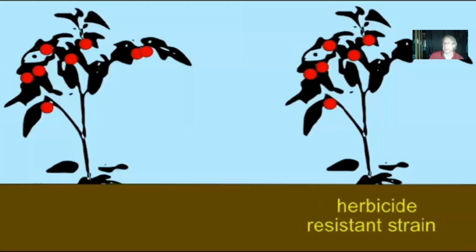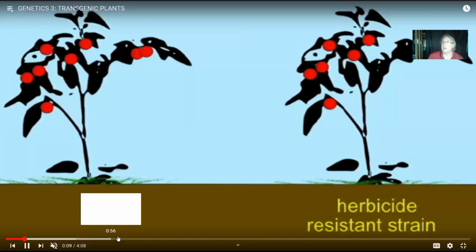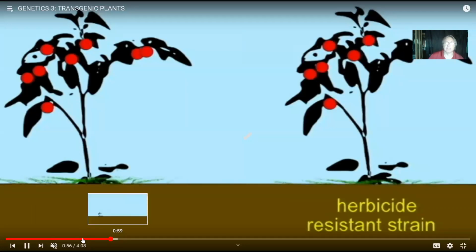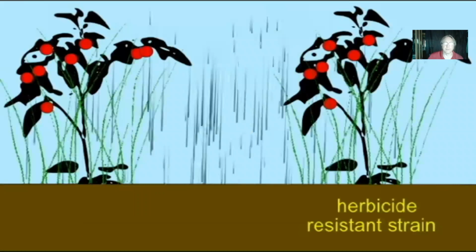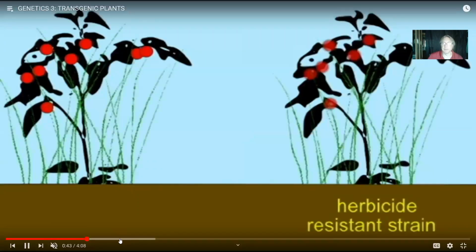And so you could say, I would like this plant, whether it grows tomatoes or whatever, to have a new trait. I would like it to be herbicide resistant, because there are so many weeds in this area that it cuts how much profit I can make, but also I have to apply all of this pesticide.